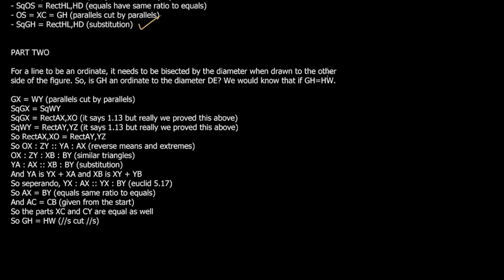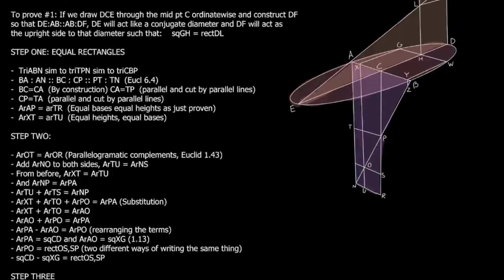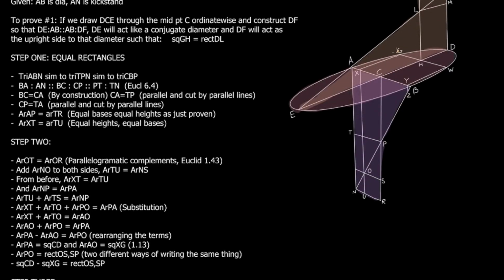Okay, so this is just me writing out what I just said. Okay, so let's look at GX and WY. That's GX, WY. This is constructed parallel to this. Blah, blah, blah. You know what I'm going to say.